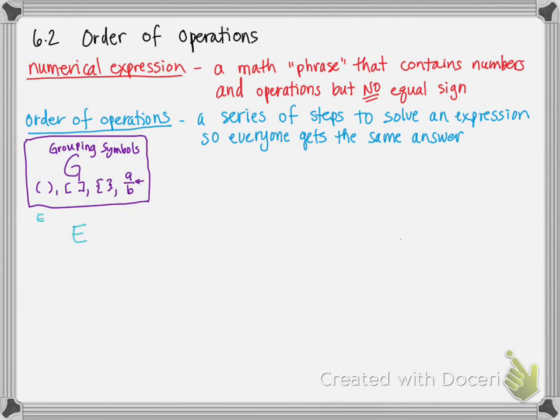Actually, I'm going to do that across the top. I like it better that way. Exponent. And our notes from yesterday also talked about the idea of power. An example of that would be 4 to the 5th power. So exponents are the second priority.